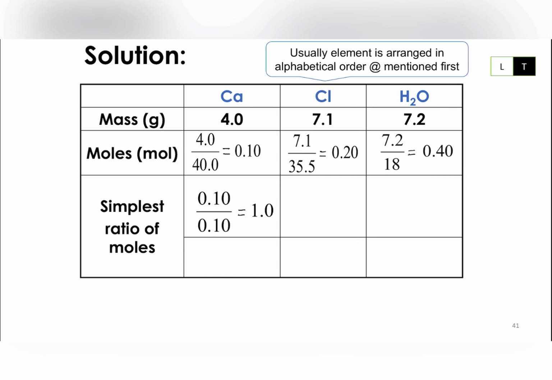The next one, the simplest ratio for Cl, will be 2.0, and for water will be 4.0. And once you calculate that, you have to put the final one, which is a whole number. So I got for calcium 1, for chlorine 2, and for water 4.